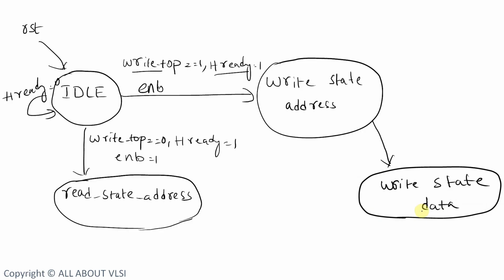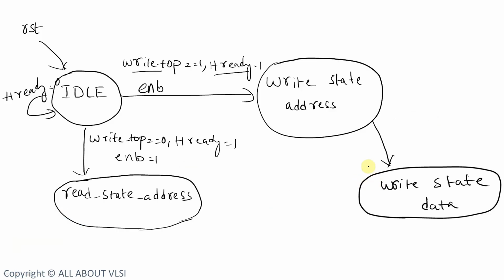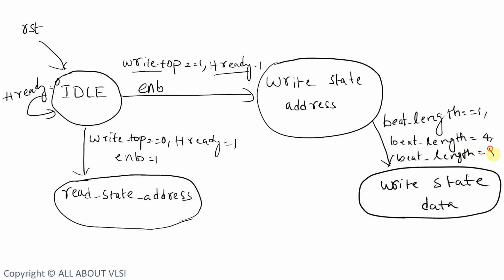We go to this write state data when our hburst_internal, an internal signal which is declared, and our beat length is equal to 1, or beat length is equal to 4, or beat length is equal to 8, and so on. For all these beat lengths, we are going to a state which is known as write state data.